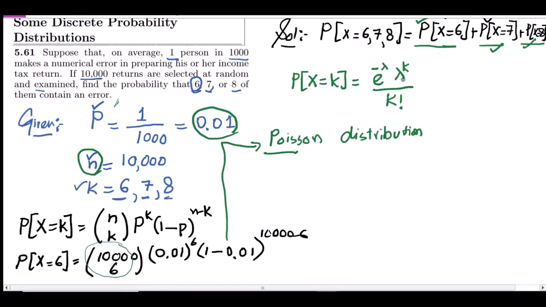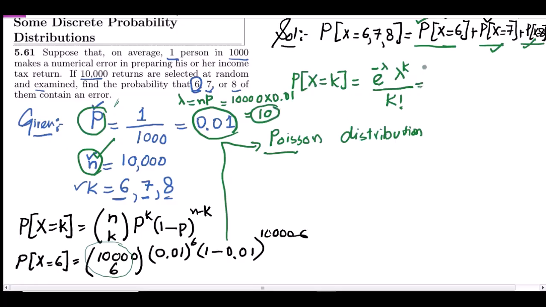But what is the value of lambda? Lambda is basically the average value. In the Poisson distribution, the value of lambda is basically np. Here we are given n and p. Let me write their values. n is 10,000, p is 0.01. From it we can very easily see that lambda is 10.